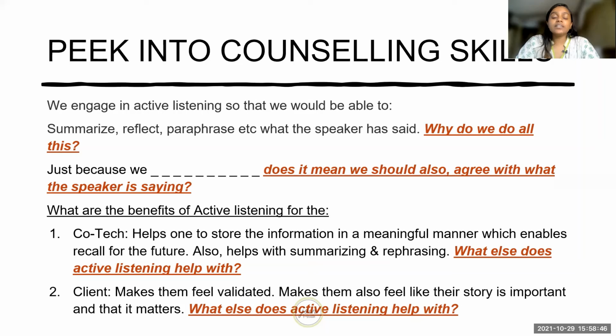We engage in active listening so that we would be able to validate. And how we engage in active listening is that somebody would be able to experience your active listening, or feel heard, when you engage in reflection, paraphrasing, or summarizing, right?